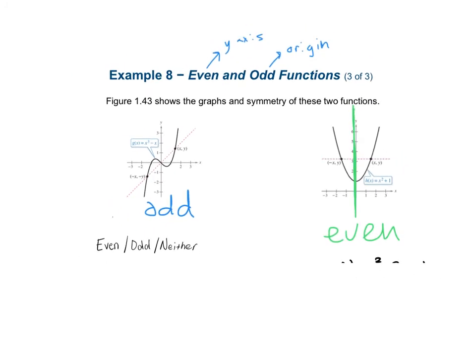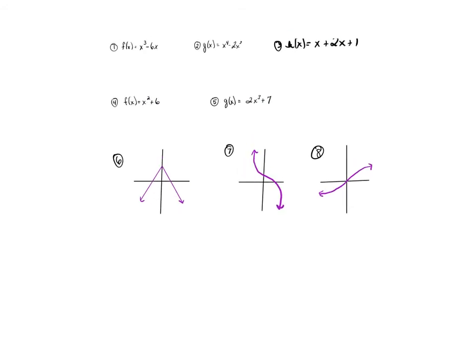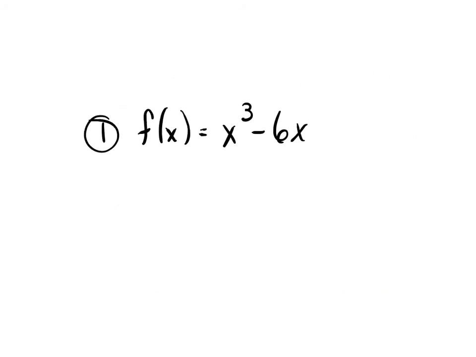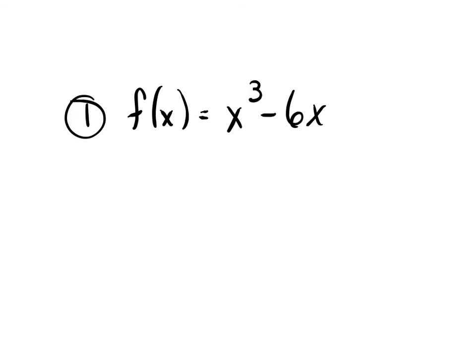Okay, we have one last slide. So we need to tell whether these are even, odd, or neither. So looking at number 1, we're going to plug in a number and its opposite. So what number should we plug in?